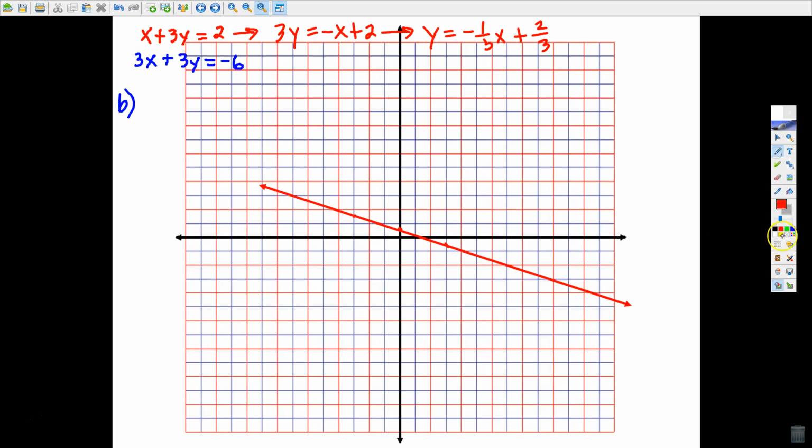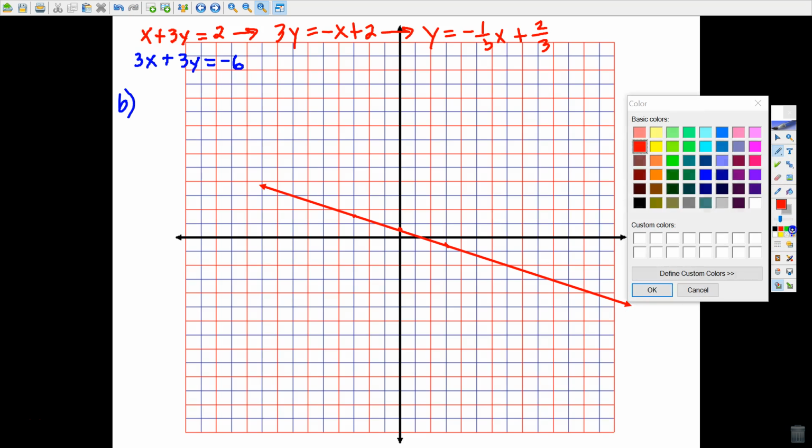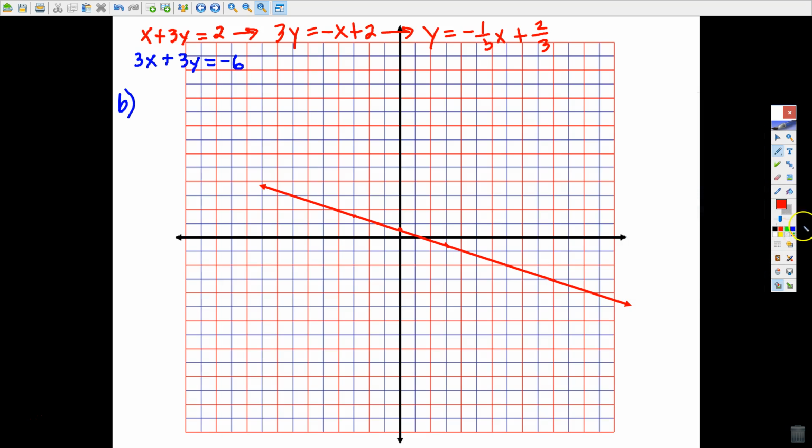Okay, now let's work on the blue. Subtracting 3x from both sides. Multiplying by 1/3 or dividing by 3, however you want to look at it.